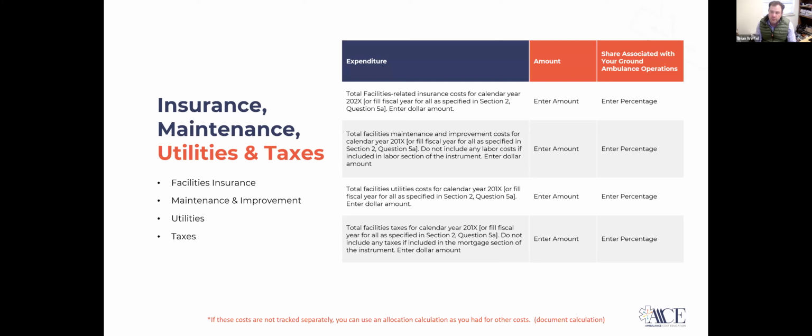If your mortgage holder escrows taxes for you, so for those of you with a mortgage on your home, it's not uncommon for you to pay your property taxes on your mortgage statement, and then the bank escrows that amount and then pays it on your behalf to the taxing authority. Don't include an amount here for facility property taxes if it's already embedded in the mortgage costs, right? Commercial mortgages can go either direction. So just make sure you know what's really in that mortgage payment if you have one.